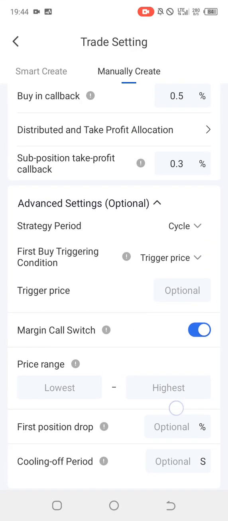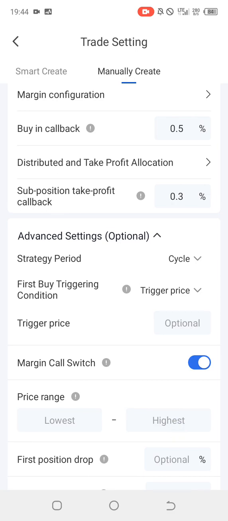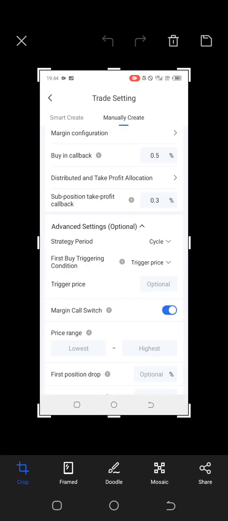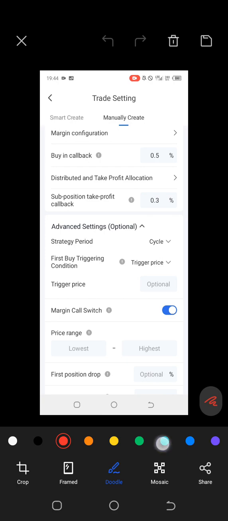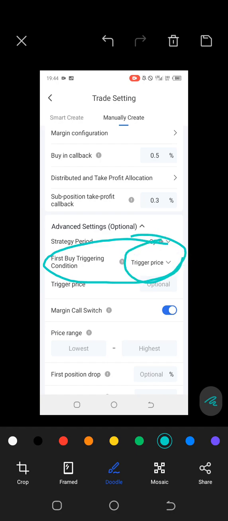And then we have trigger price. Remember, I told you about the preset that has been enhanced. Yes, this is it. See that? First buy triggering condition, and we have trigger price.